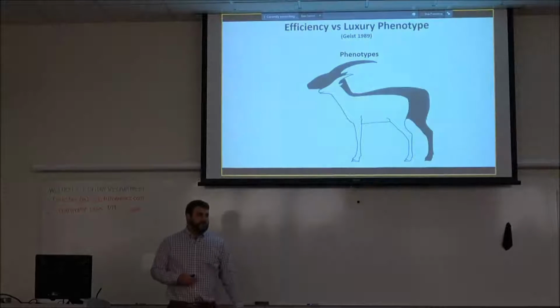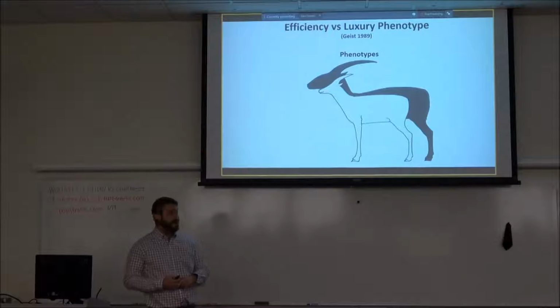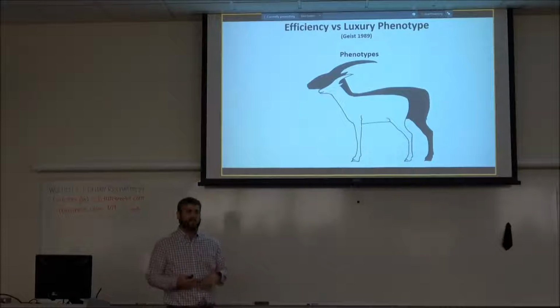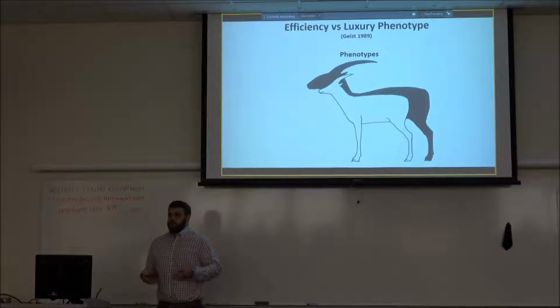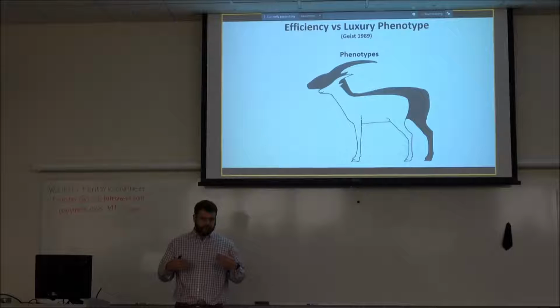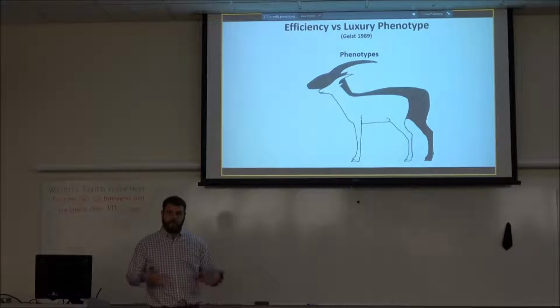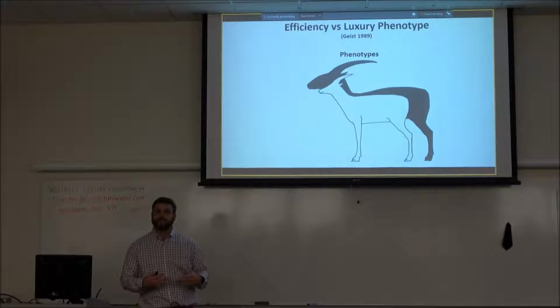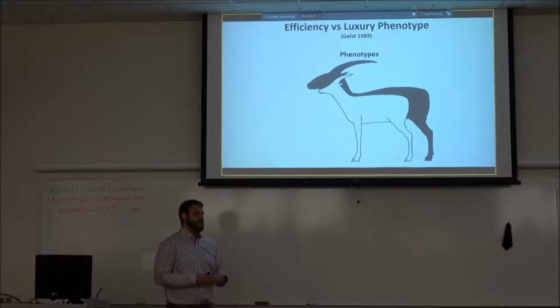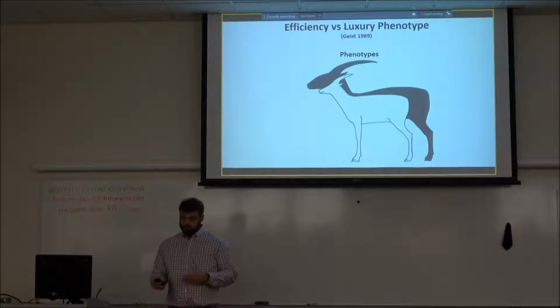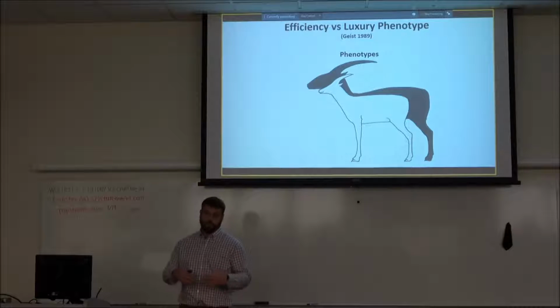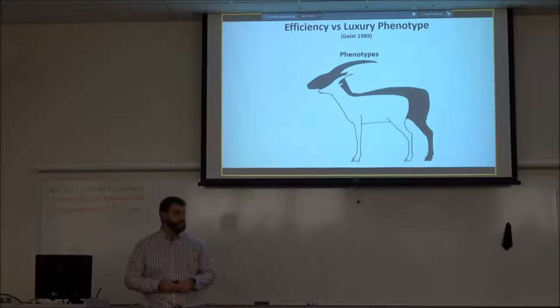Well, Geist described essentially 2 different types of phenotypes that a population can display in the wild. You essentially have an efficiency phenotype that generally promotes survival over growth of large secondary sexual characteristics like antler and horn size and body mass. Then, if the nutritional environment improves, these individuals potentially can display a luxury phenotype, which promotes the growth of large secondary sexual characteristics.